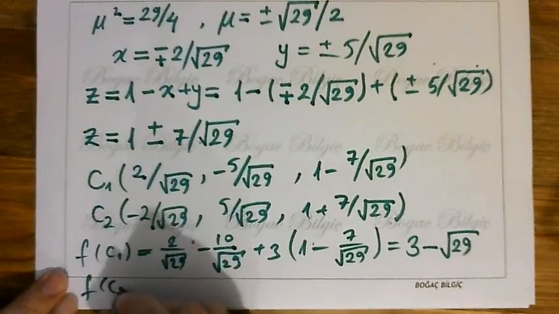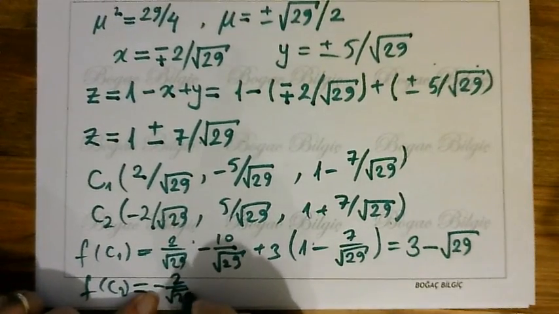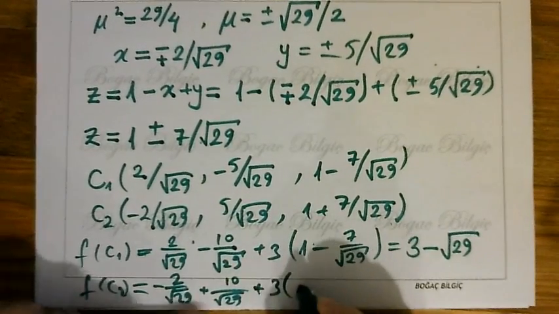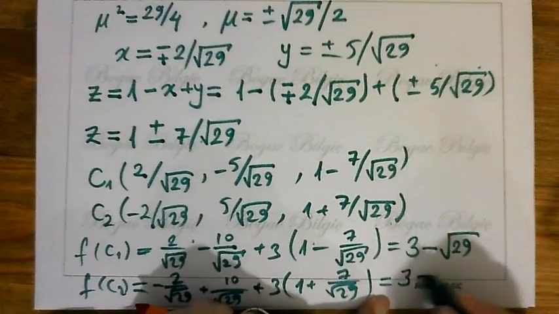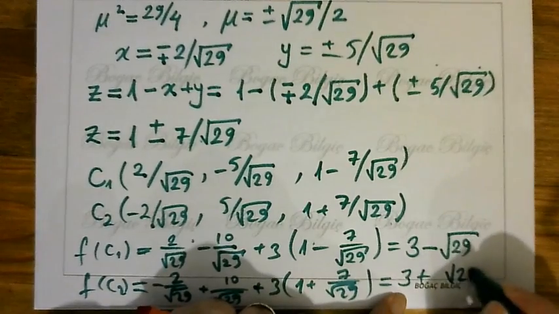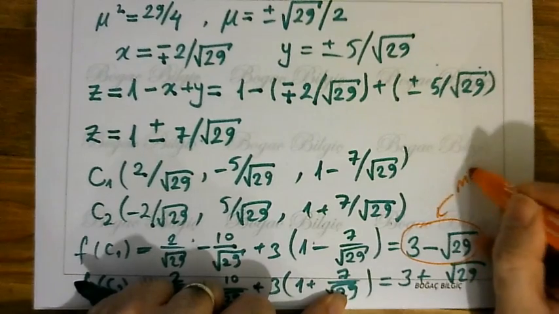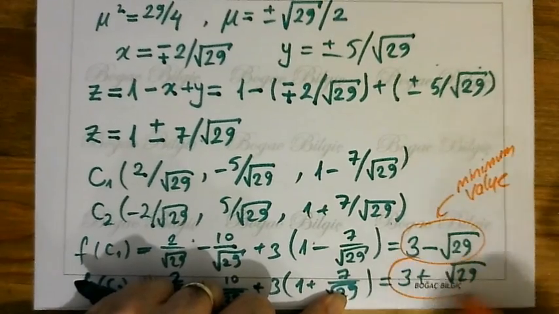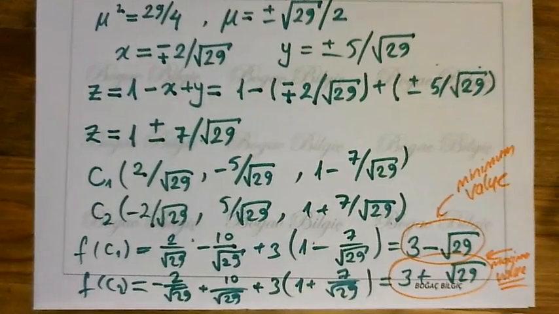And f of C2, calculate easily again, is 3 plus root 29. This is the minimum value. This is the maximum value. This is the solution.